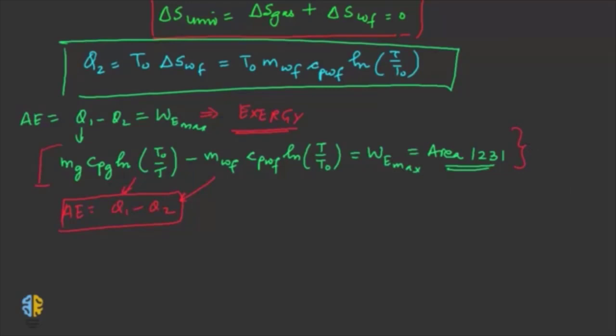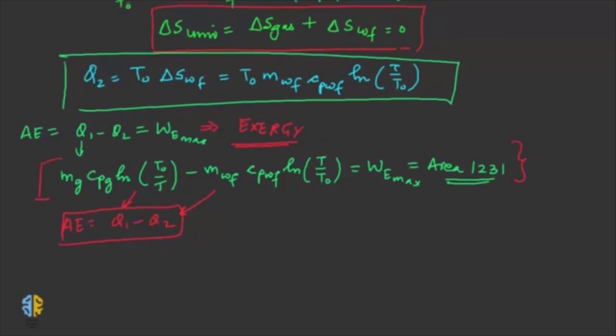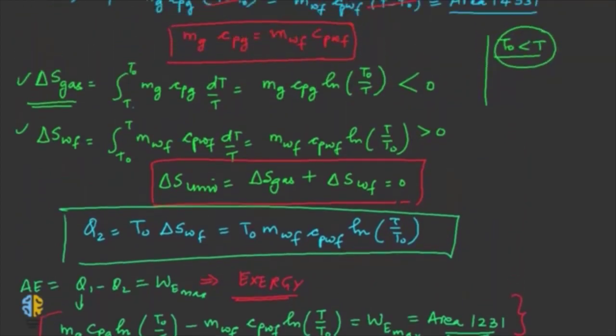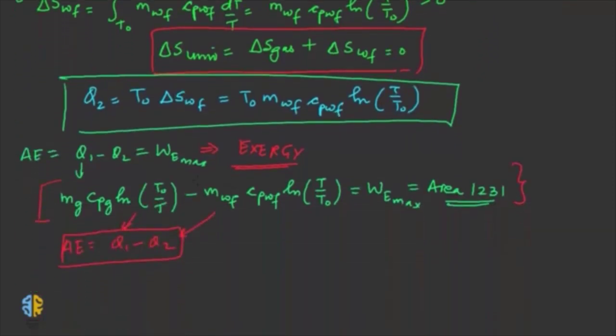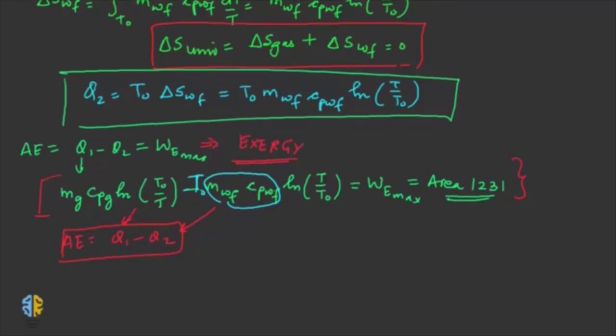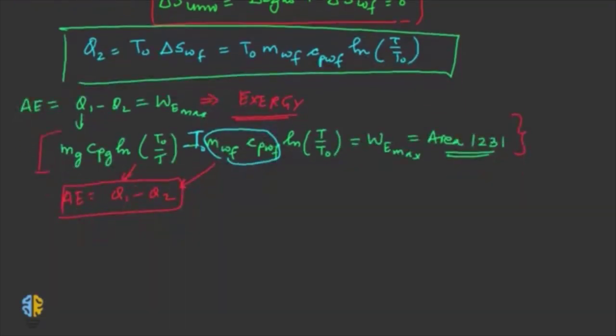Now if you go back to the equation that we saw, that is mg CPG is equal to MWF CPWF. If you come back to Q2, there has to be a T naught over here. You can replace this part by mg CPG, so it gives a more uniform characteristic to this equation to remember.